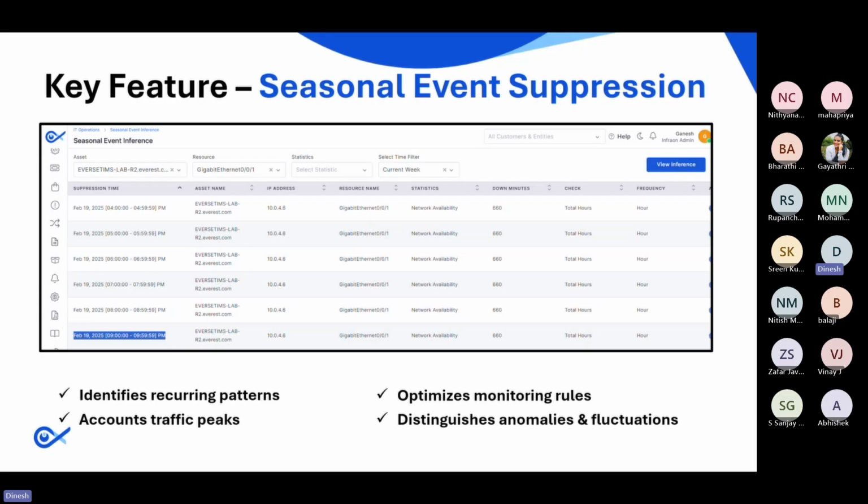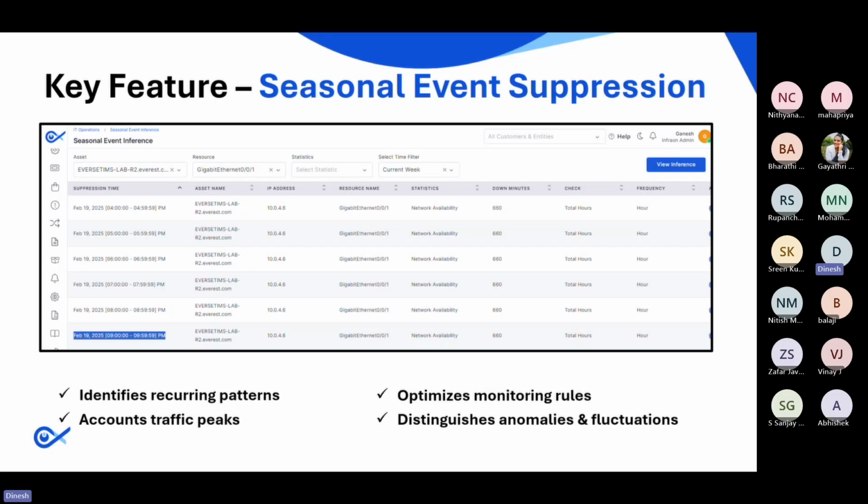Is it batch jobs? For NCCM batch jobs, a huge number of configurations are posted at a particular time, on a regular interval. So it identifies this as a seasonal event by having the historical data with it, and it will not cause any unwanted anomaly detections at that point.